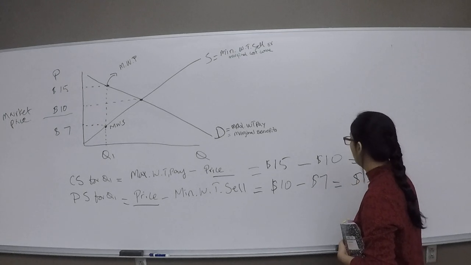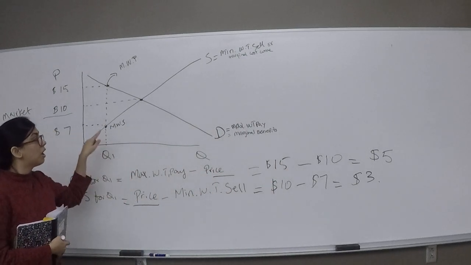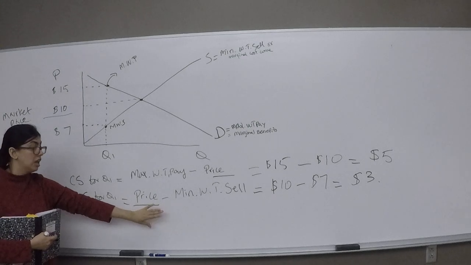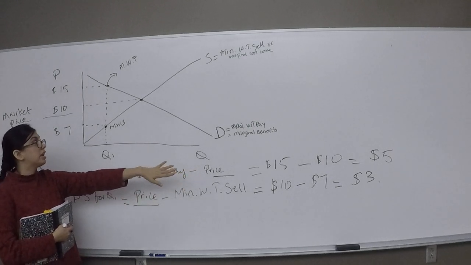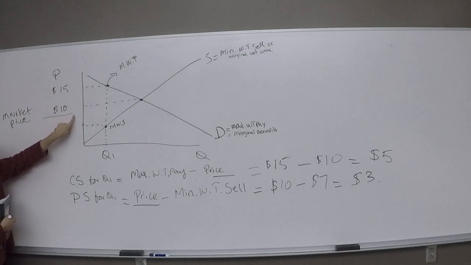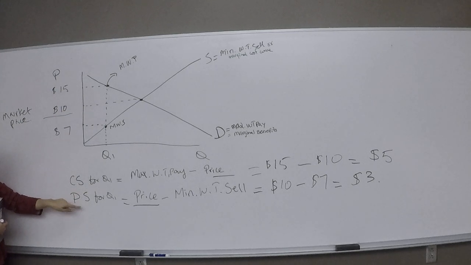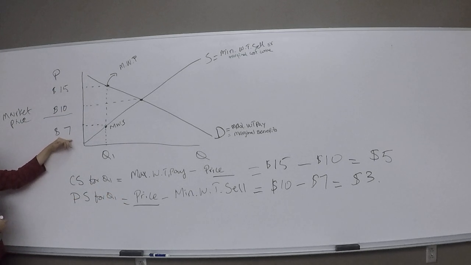So what's the producer surplus? $3. Basically what this is saying is that with this market transaction happening, they're both better off. The buyer is better off by $5 because his maximum willingness to pay was $15 and he actually paid $10. And the producer is better off by $3 because he was willing to sell for $7, but he actually sold for $10.